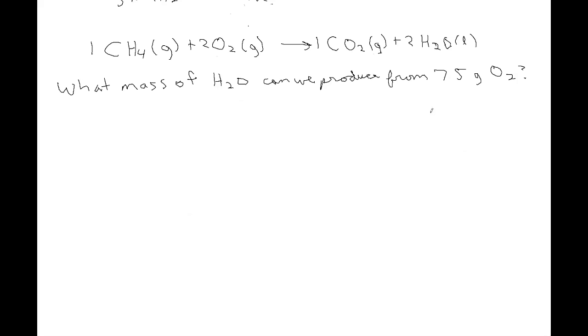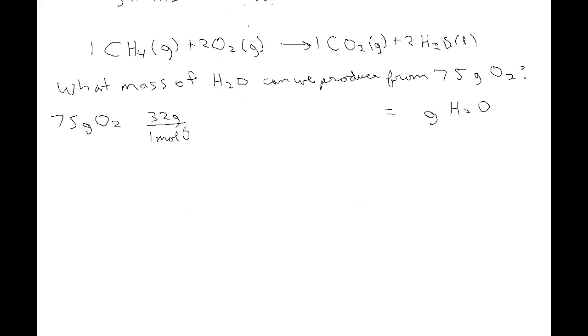That's going to be grams of H2O. You write out what you start with, which is 75 grams of O2. First you need to convert that to moles. That's going to be 1 mole O2 over 32 grams.